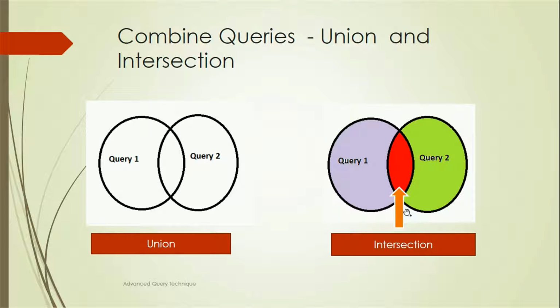Then coming to intersection. Intersection will have the common data between the two queries. Whatever conditions are matching between both the queries, query 1 and query 2, that data will be retrieved. That becomes an intersection.